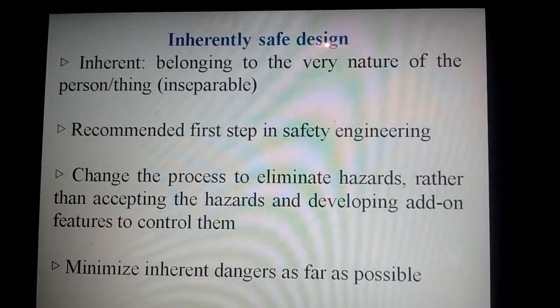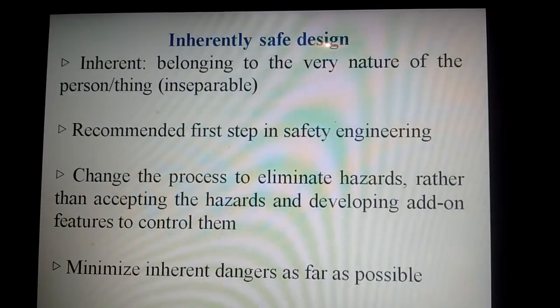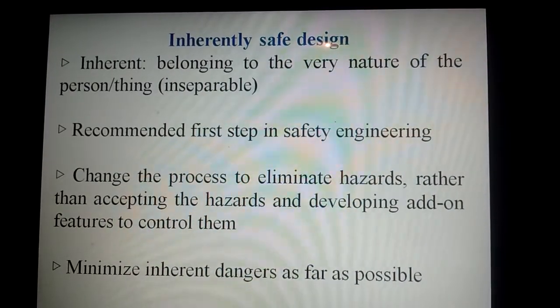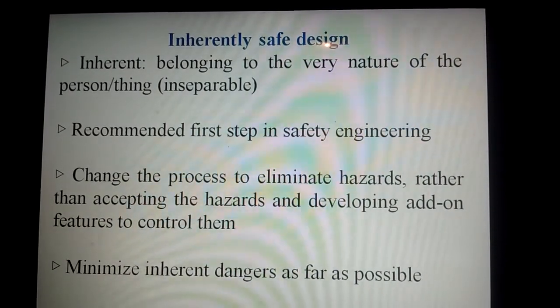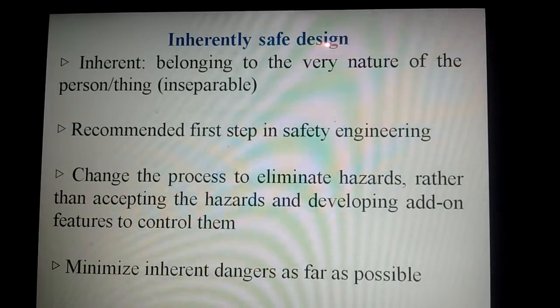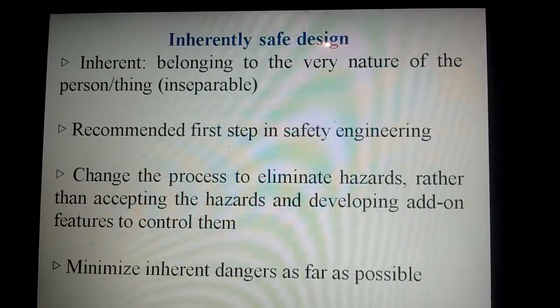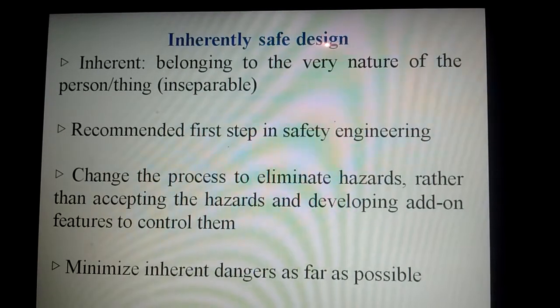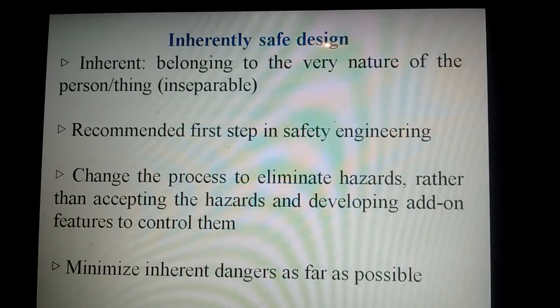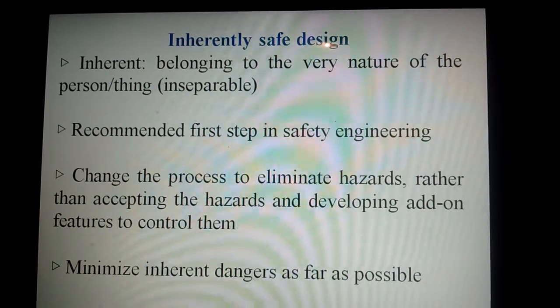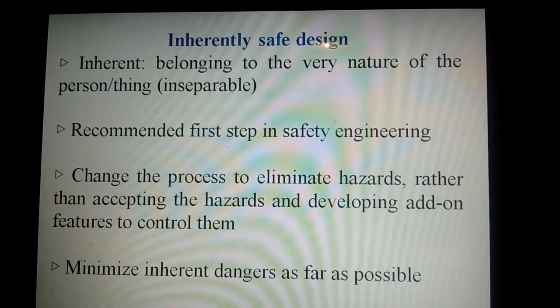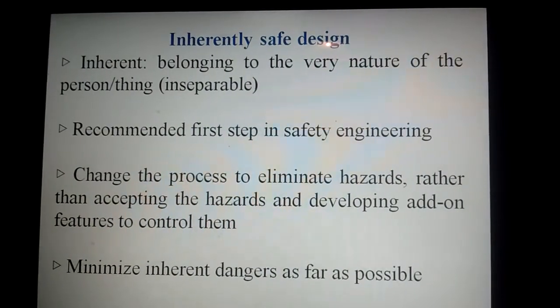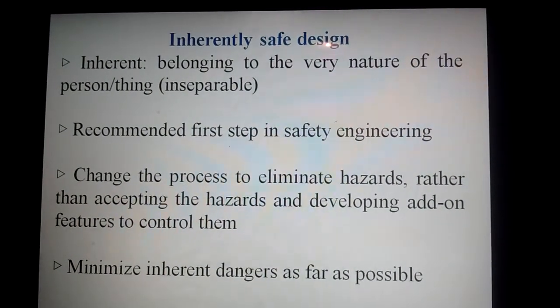Minimize inherent dangers as far as possible. For example, potential hazards are excluded rather than just enclosed or managed. Another example: replace dangerous substances or reactions with less dangerous ones, and use fireproof materials instead of flammable ones for pipeline systems or any gas line systems.